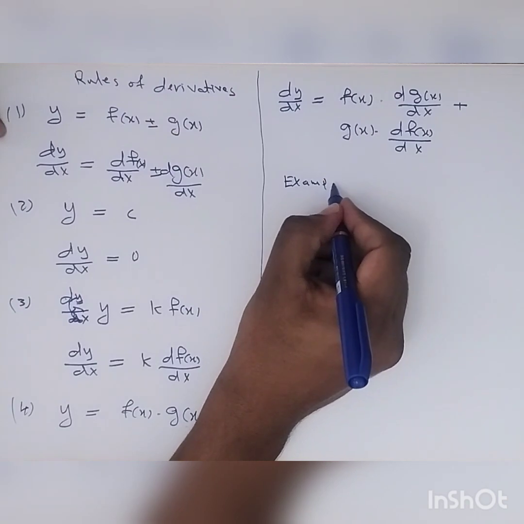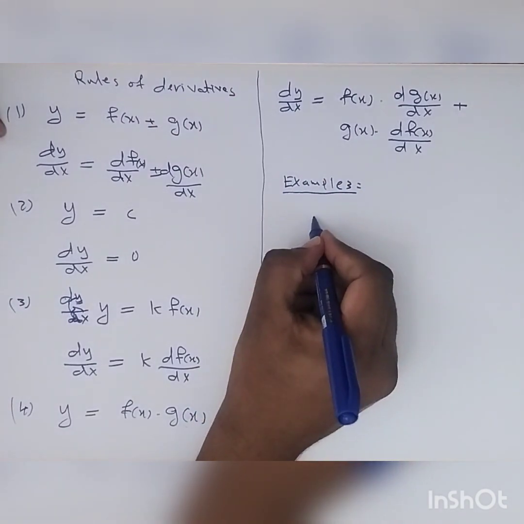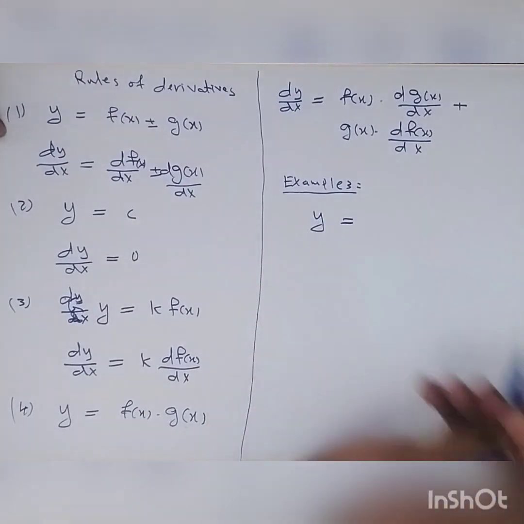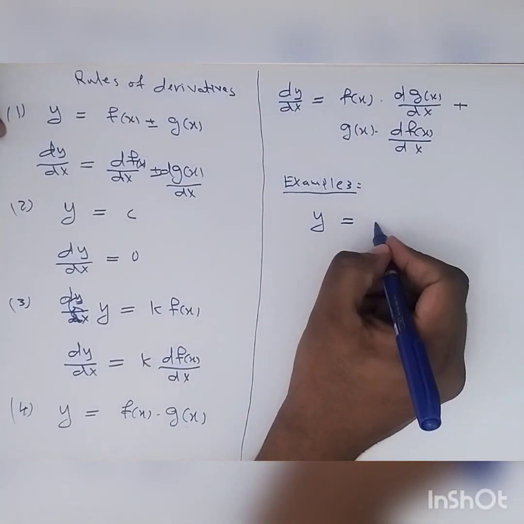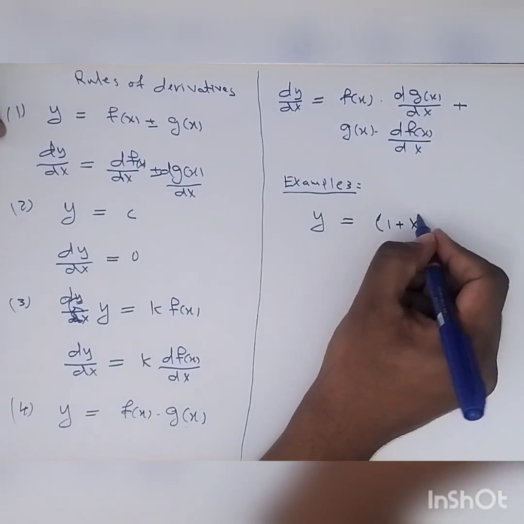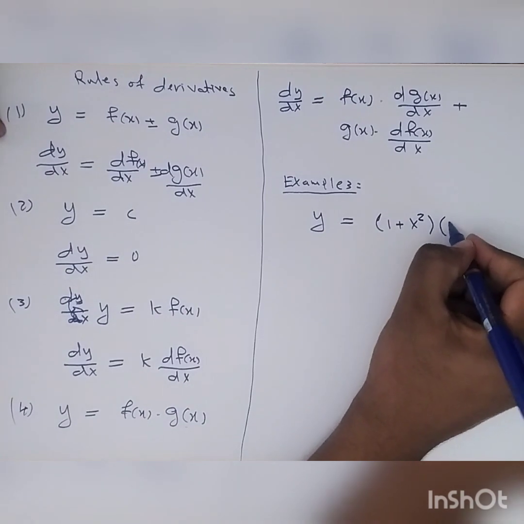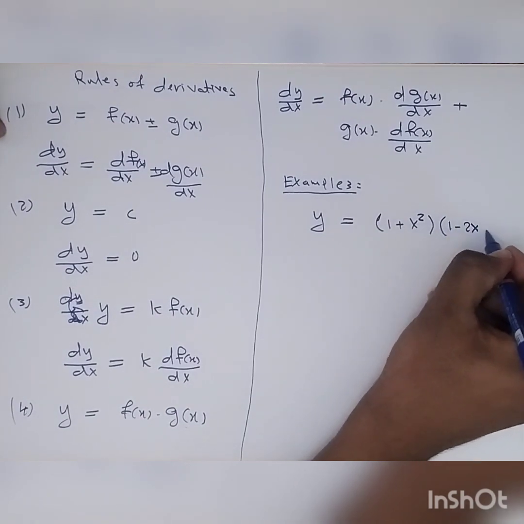So just a simple example. Let us say that we have y equal to any two functions. Just to make it simple, 1 plus x squared times 1 minus 2x cubed plus x squared.